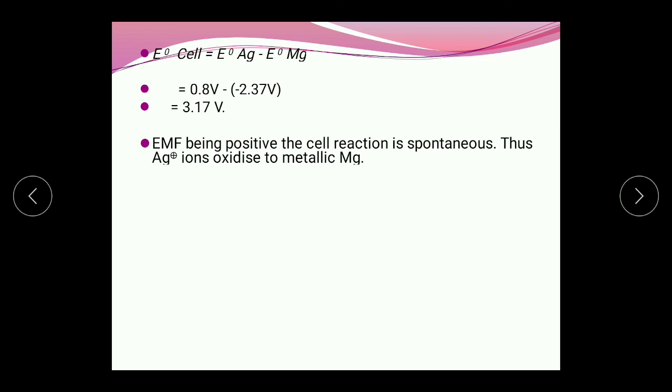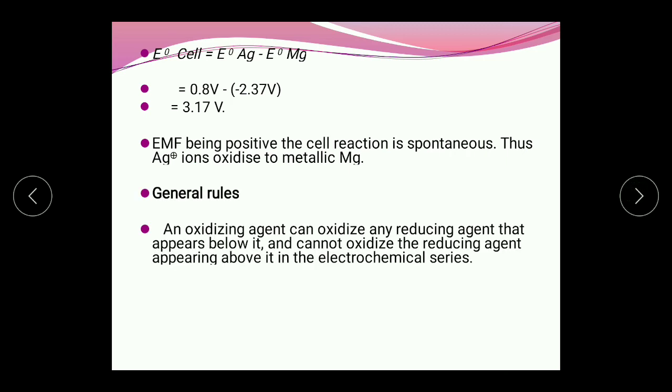Now, the general rules for EMF series are like this. An oxidizing agent can oxidize any reducing agent that appears below it. In short, we can say that the one which is located at the upper side will oxidize the one which is located at the lower side. It cannot oxidize the reducing agent appearing above it in the electrochemical series. We just have to remember this.